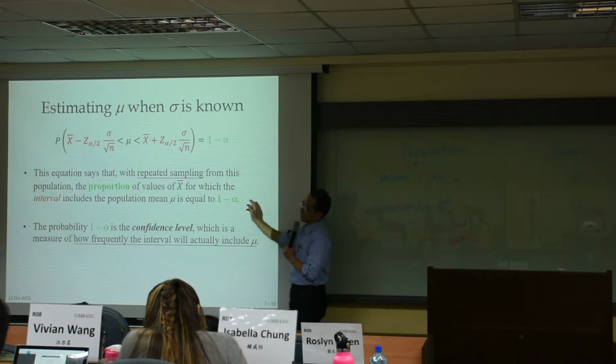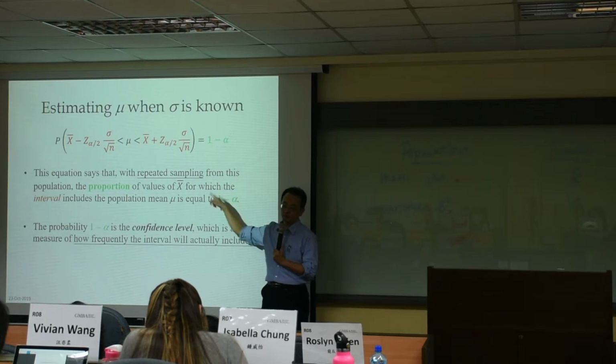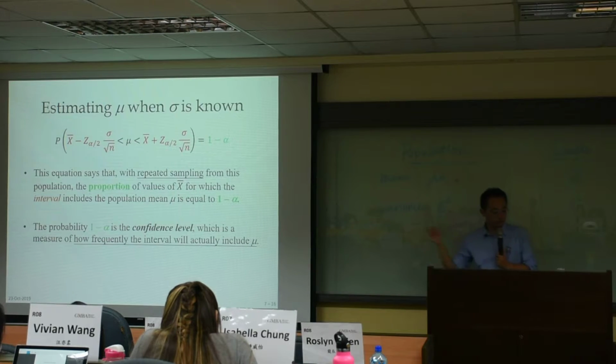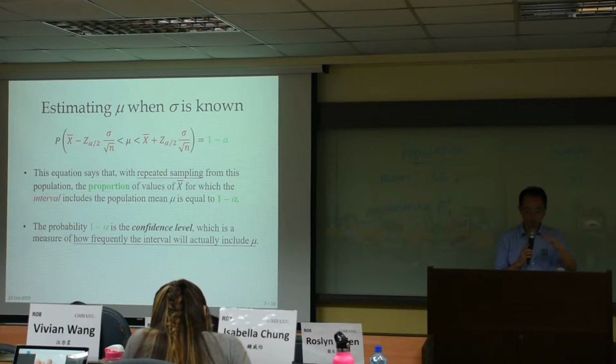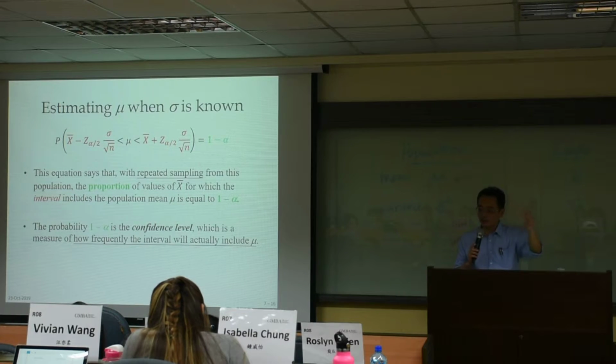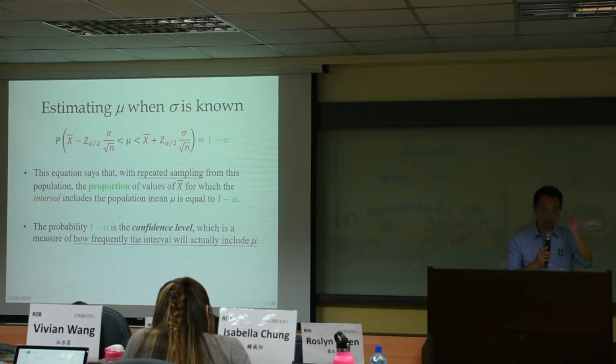I use color to indicate the corresponding part in the equation. The red one shows the interval: x bar plus and minus a certain amount, and 1 minus alpha is the proportion.